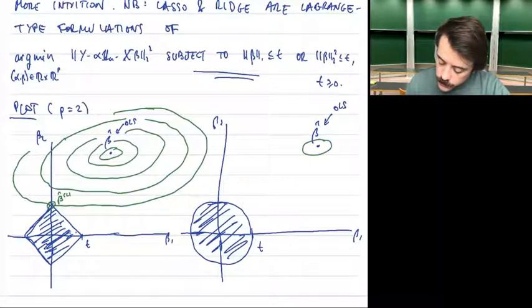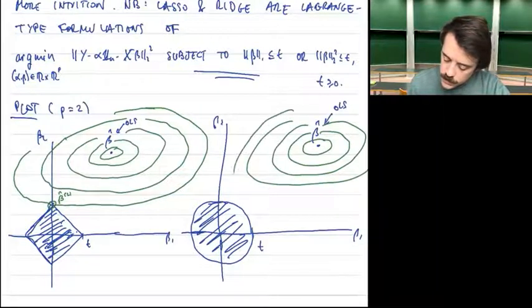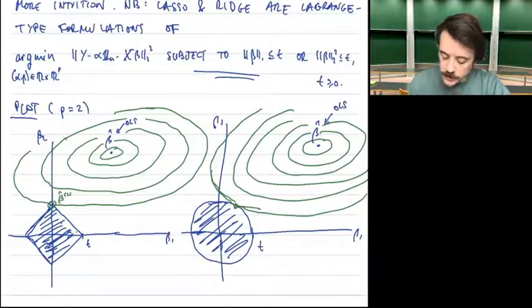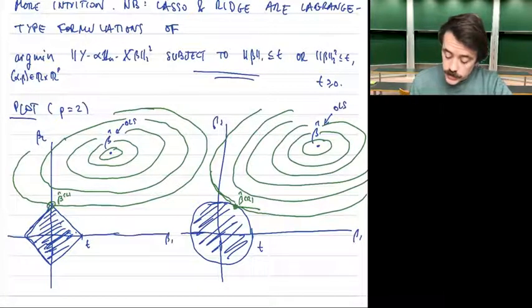these sort of contours. Then what will happen, and you can try to repeat this plot, is that because the boundaries of the constraint region are not sharp as before, you will see that on many occasions you do not hit a point or a bit of a boundary where the parameters are exactly 0.